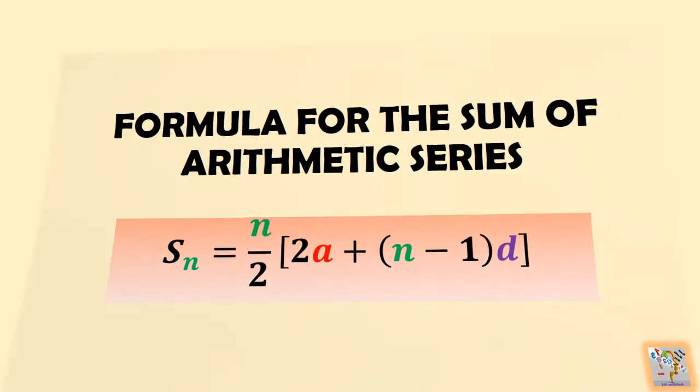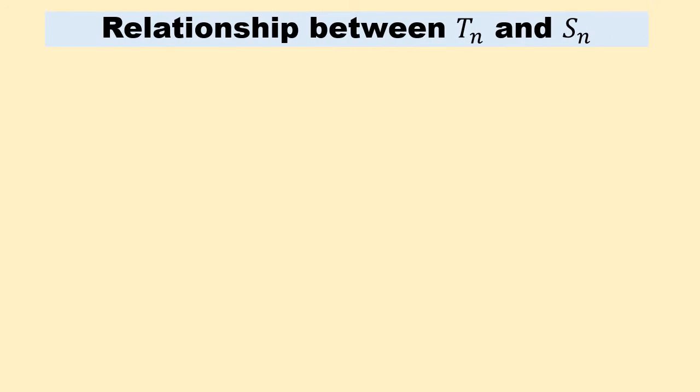So in this lesson, this is what I want to talk about. We will focus on the relationship that exists between Tn and Sn. And remember, Tn means the nth term in a sequence, and Sn means the sum of n terms in a sequence. Please don't make a mistake. The relationship that we're going to be talking about here will only exist if and only if the sequence is arithmetic.